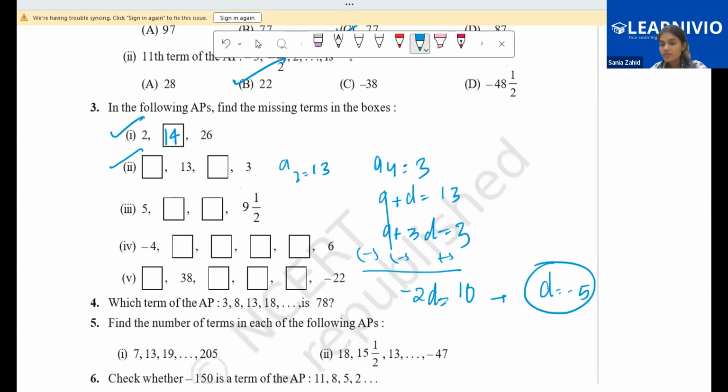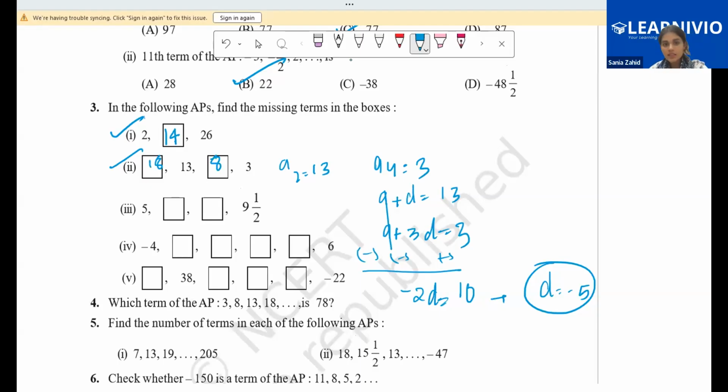A1 is how much? 18. Why 18? Because 13 minus 18 is minus 5. So 18. Right. And then 13 again, you subtract 5 from it, you get 8.